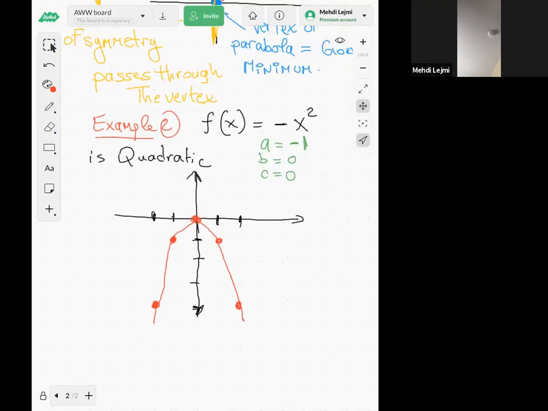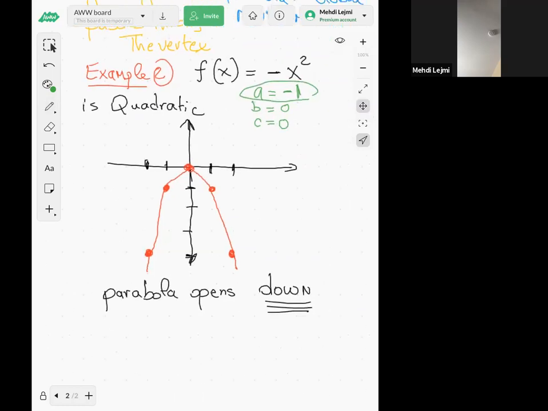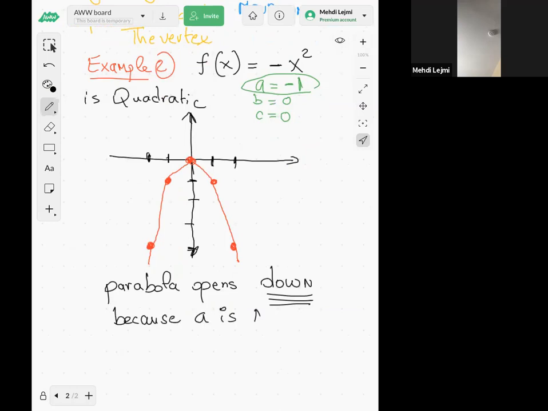So this parabola here opens down, and it opens down because your a is negative. Whenever a is negative, your parabola opens down.